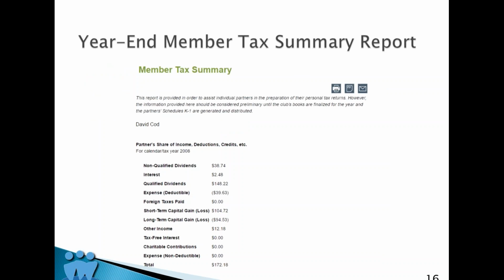This is the crux of the member tax summary report. Basically, it's the information that comes out of the allocation report at year end, and it's generated by member. So each member can generate their own, and it's got their share of income, deductions, and credits for the tax year that you select. So after the club treasurer at year end finalizes all the transactions and is pretty sure that things are in a near final state, this report can be accessed by the members, and then they can use it to get a leg up on any tax preparation needs.